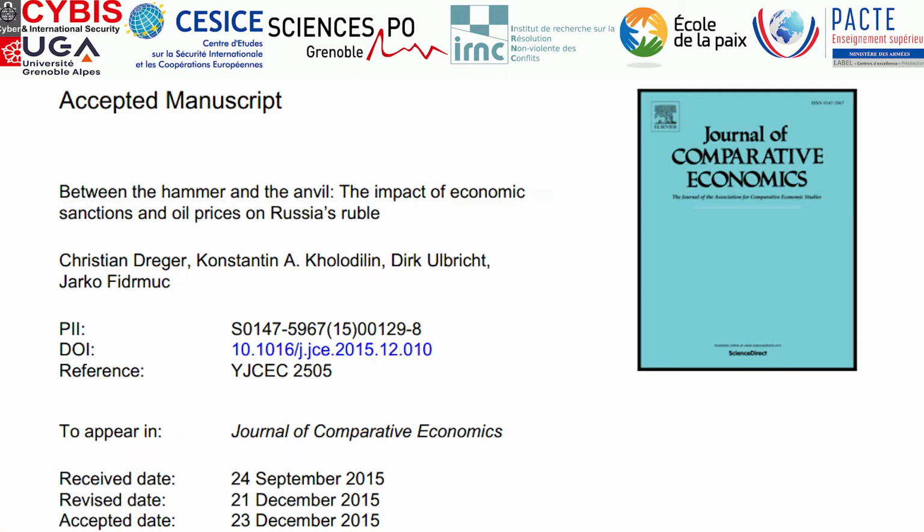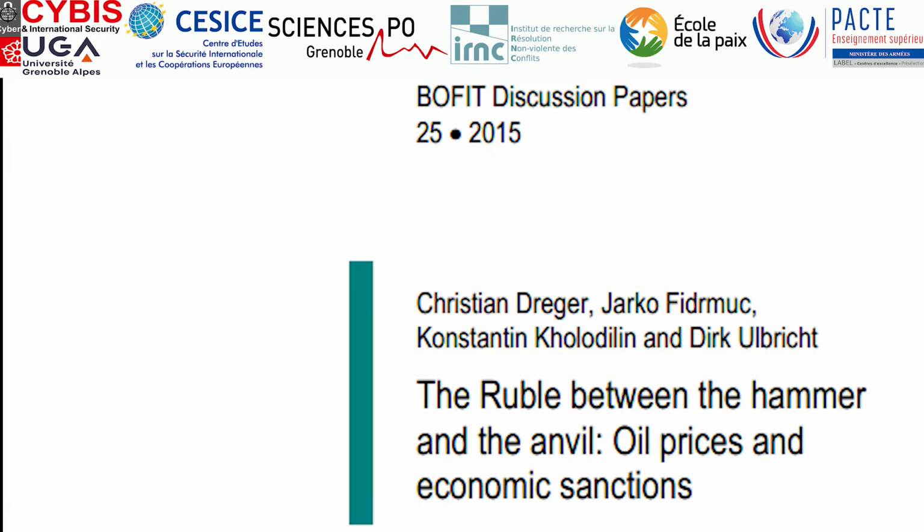Very recently, Draeger et al., 2016, but in fact their first working paper, if my memory is good, was in 2015, created a sanction index that they used within structural vector autoregression modeling. Basically, this is the aggregation of dummy variables through time.